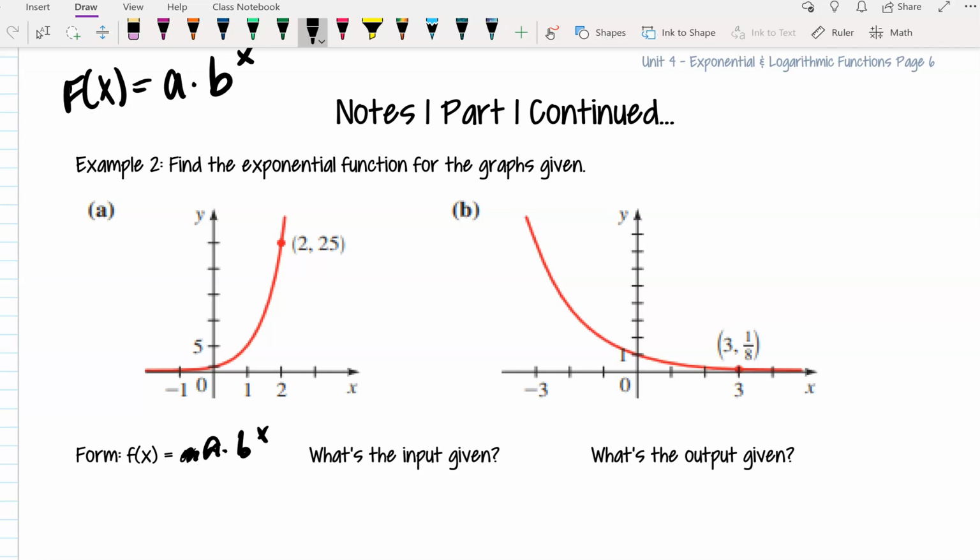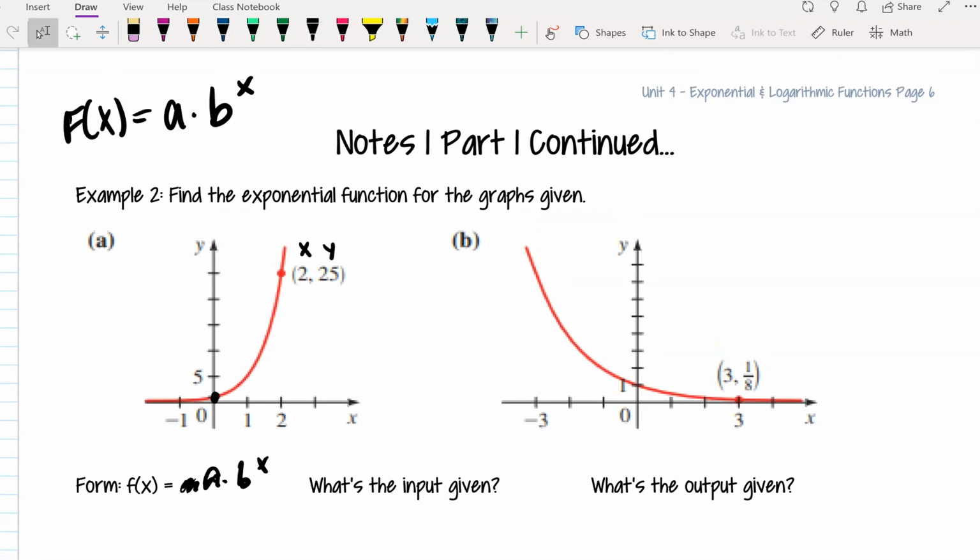Okay. So for part A, we're given a graph and we're given a point on that graph. And you can see the intersection, and we can assume that this intersection right here for part A is at 1. And then this point, they give us an x and a y value. So if you have an input of 2, you have an output of 25.